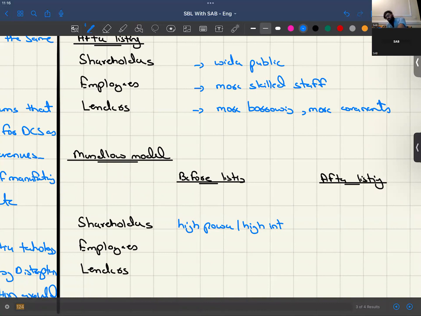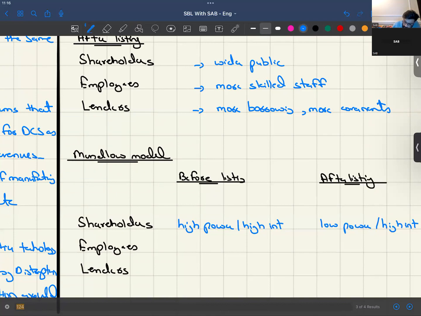But after listing, since there will be many people, I would say low power, but since they have invested their funds, it could be high interest.